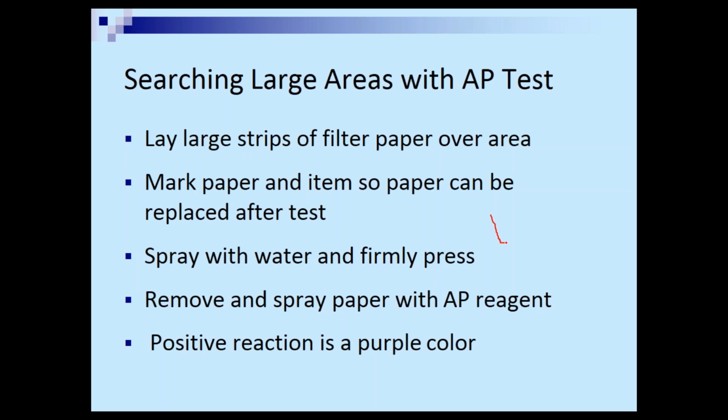So let's say that we have a pair of underwear here. You could lay big pieces of filter paper over those. Let's say we got two big pieces of filter paper, and then you draw with your pencil, mark where the underwear is, and then you moisten all of this with water.